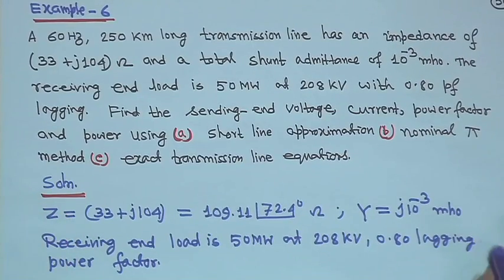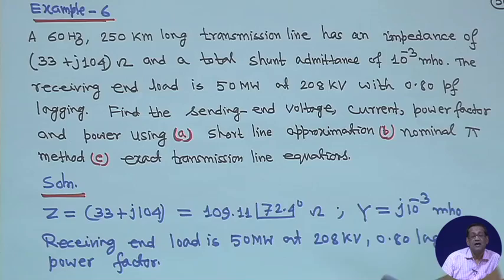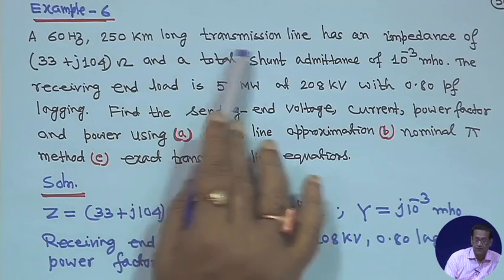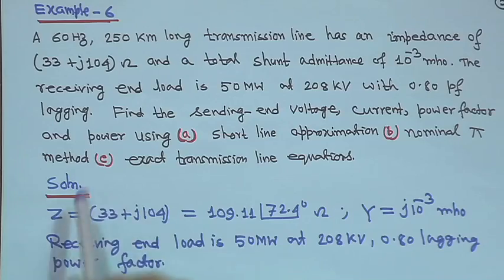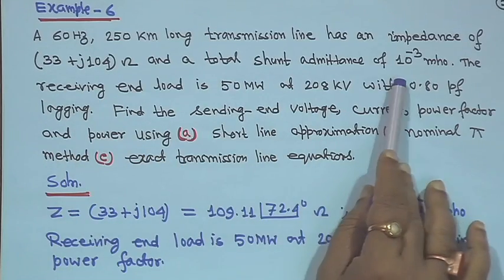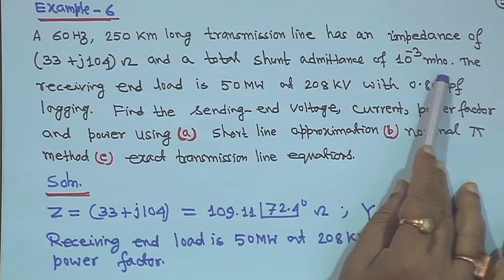Next one is for this long transmission line. This is an example where the same data have been taken and used for short line, medium line and long line. So, a 60 hertz 250 kilometer long transmission line has an impedance of 33 plus j104 ohm and a total shunt admittance of 10 to the power minus 3 mho.